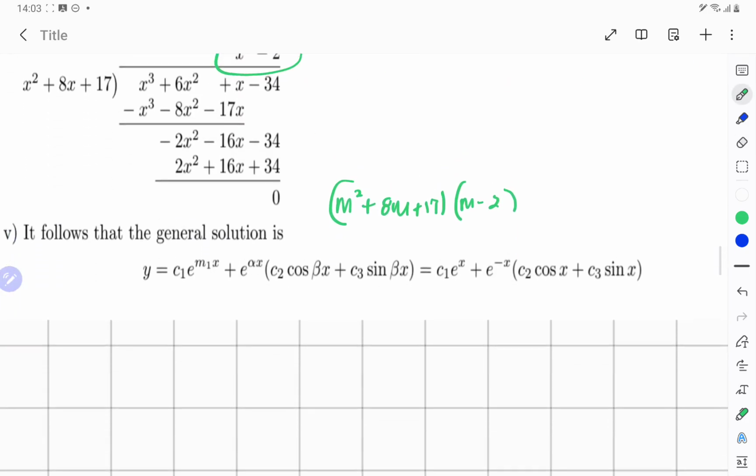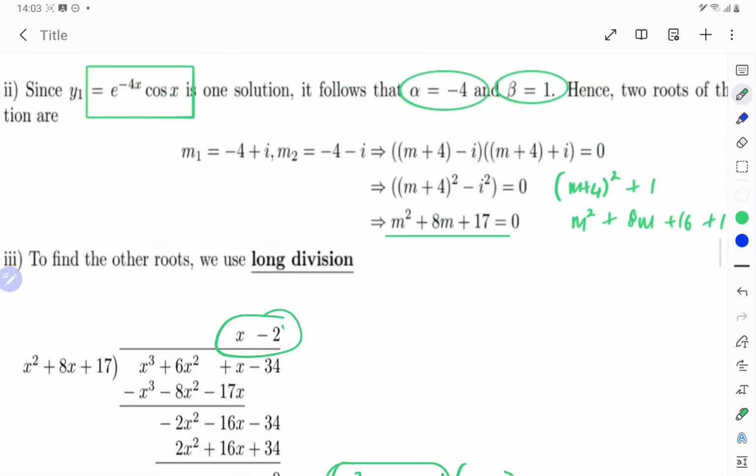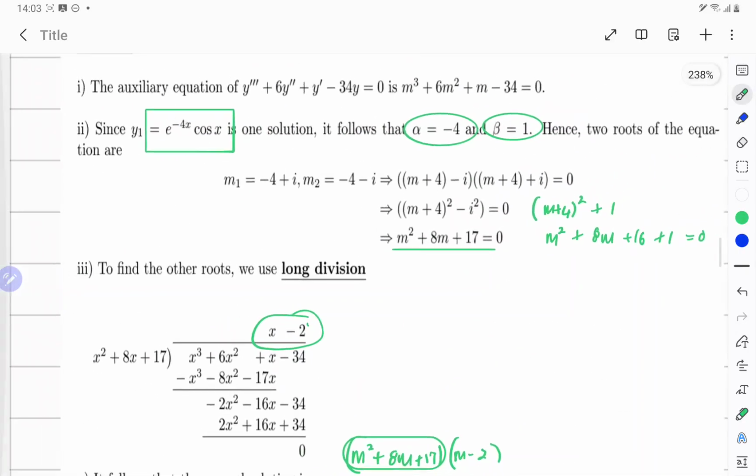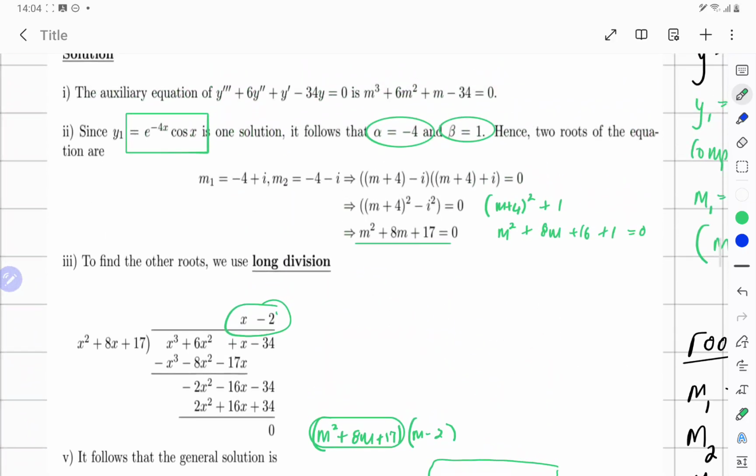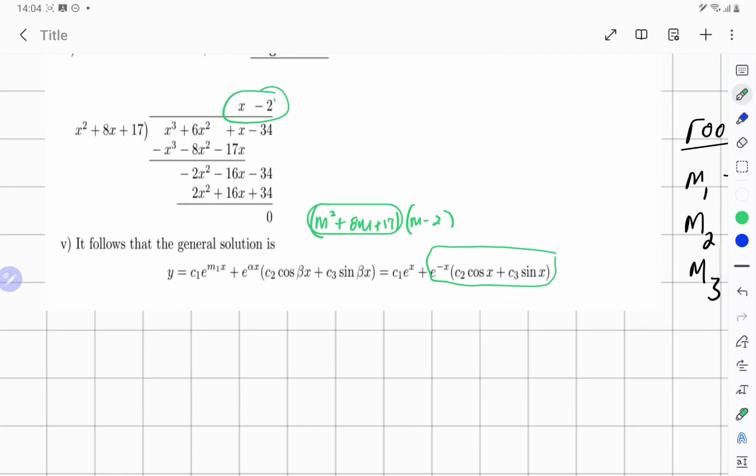But now we know that we had this part which we already said was this part. Since why? Since my alpha was -4 and my beta was 1. So I need to replace that.